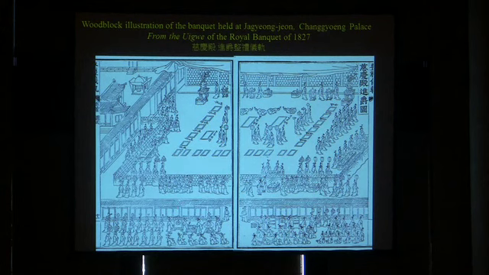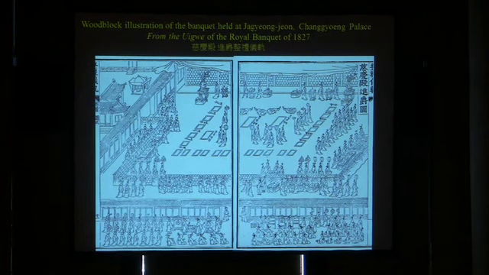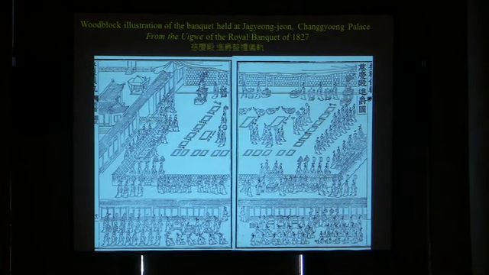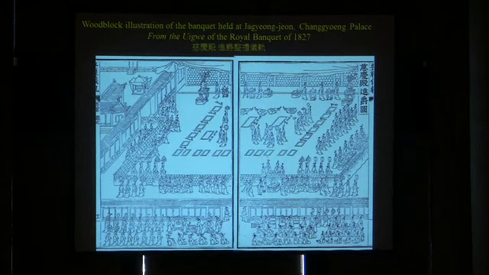So there are 2 kinds. One is 내명부, which means inside the palace, appointed ladies, and those are the concubines of a king. And 외명부 means outside appointed ladies, and those are wives of high officials. They're all invited to this.